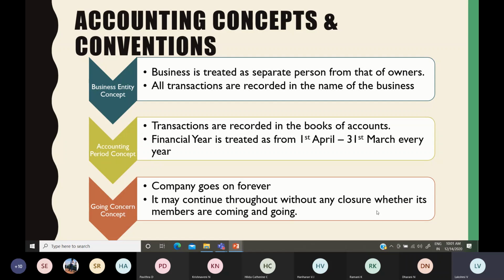Whatever members come or move out, the company goes on and accounting records will be maintained by that company. That is the main idea of the going concern concept.